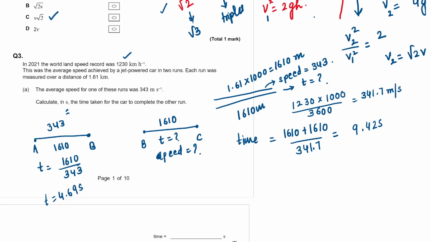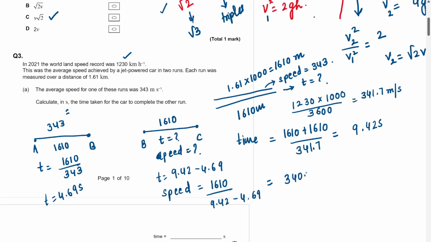So we got the total time of the journey, and we got the time for the first run as 4.69 seconds. Now can we calculate this time? This time would then be 9.42 minus 4.69. We could then calculate the average speed for the next journey, which is divided by 9.42 minus 4.69, giving around 340.3.